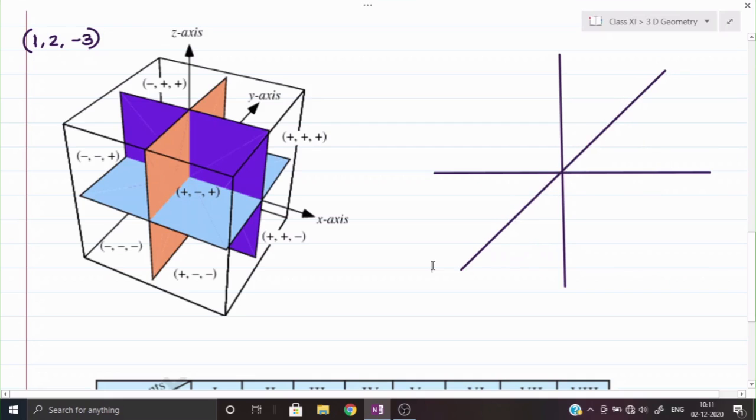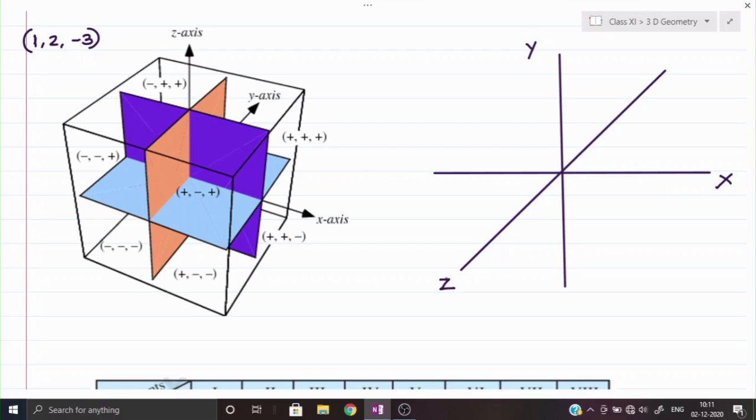Now suppose this is the x-axis, this is the y-axis, and this is the z-axis. The z-axis is coming in the form of a plane. So you assume the x-axis is horizontal, the y-axis is vertical, and the z-axis is coming in your front.